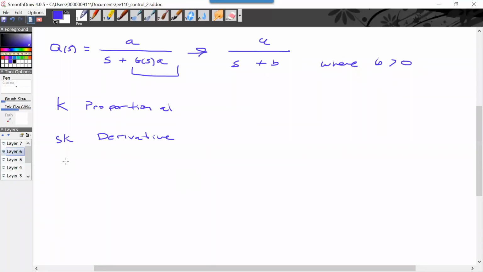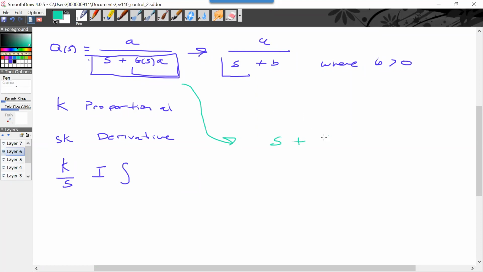And then we get k divided by s, which is our integral. I'm just going to work with this right here, so I don't have to rewrite everything.